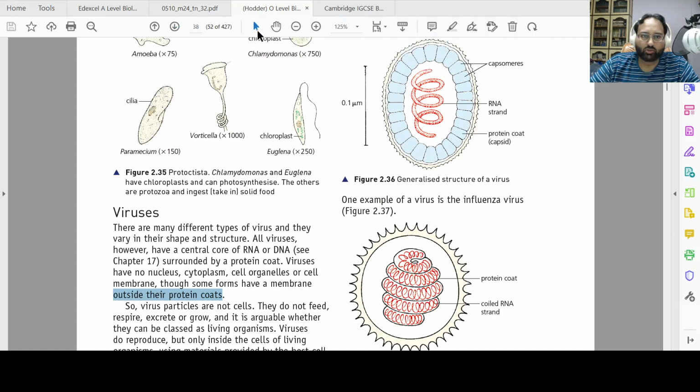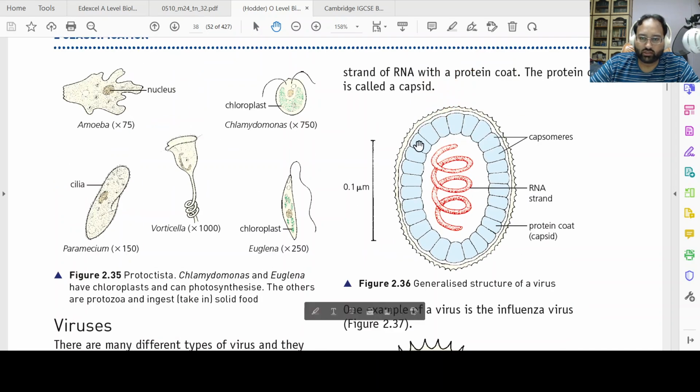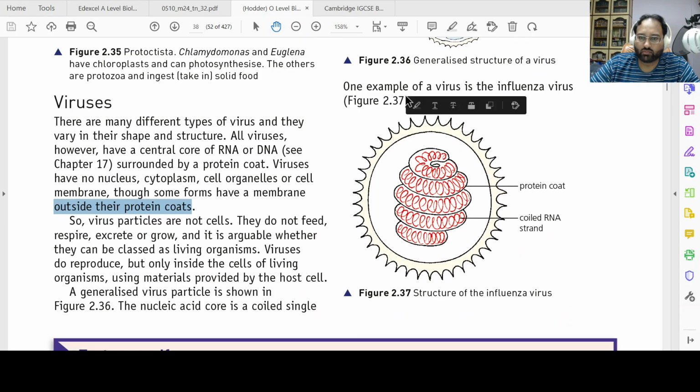So if you're talking about the protein coat, the capsid, let's keep it limited to just these blue guys over here. The blue stuff all together is called the protein coat. This white, spiky stuff, they haven't labeled it, so it will be known in future chapters. They're mentioning that it's some sort of membrane.